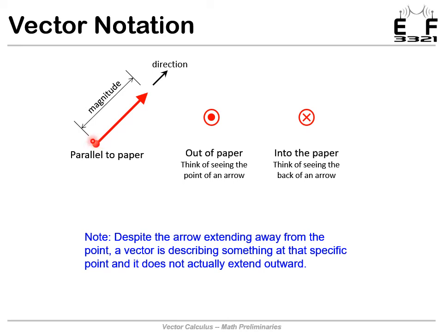It's just that we have to draw a direction associated with it, so we're forced to draw something that moves away from it. But we are not implying that anything is happening over here. This entire vector is talking about something happening at an infinitely small point right here. So think about that when you're looking at vector notation. Anytime you see a vector, we're talking about a function at a very specific point and not away from that point.